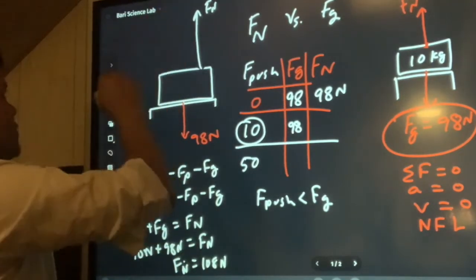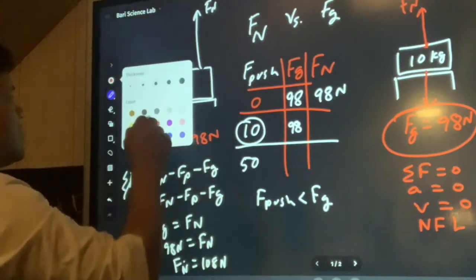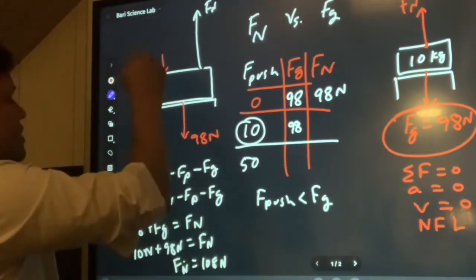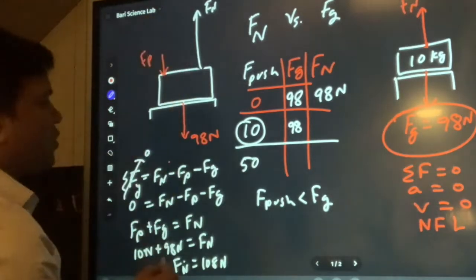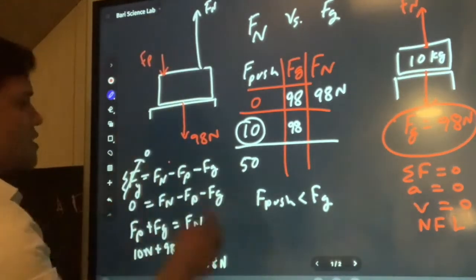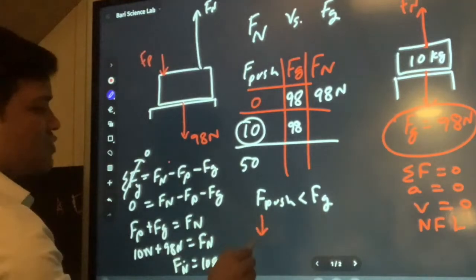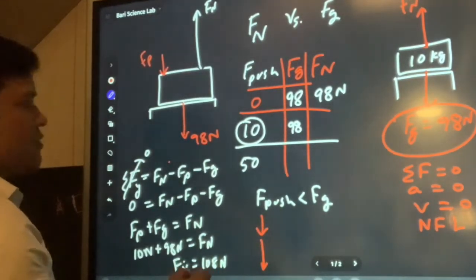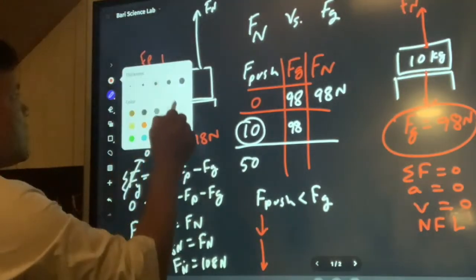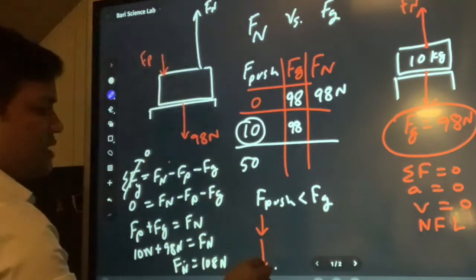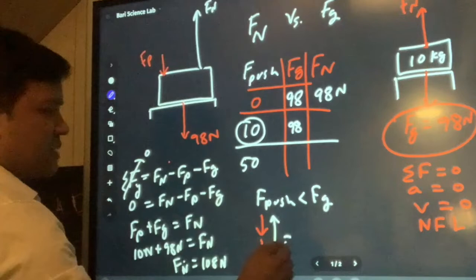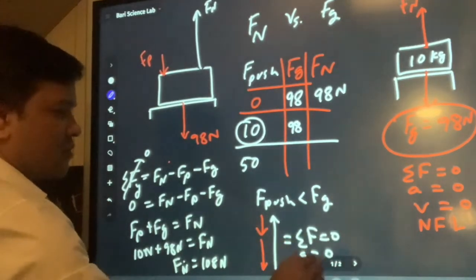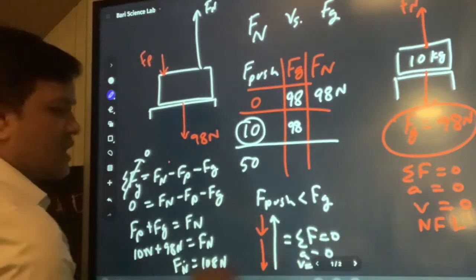Alright, so two vectors acting downward and one vector acting upward, and if you add them both, let's put the red one, F push and Fg, which is equal in magnitude with Fn and opposite in direction, making net force 0 in the y direction, acceleration is 0 in the y direction, velocity is 0 in the y direction.